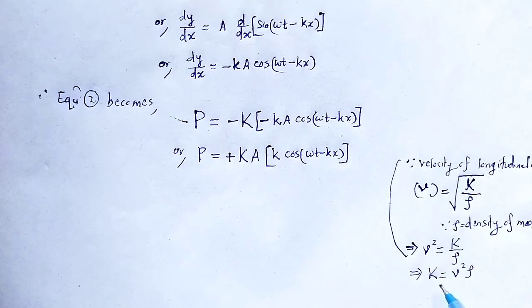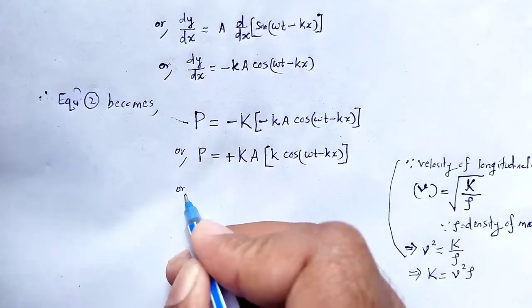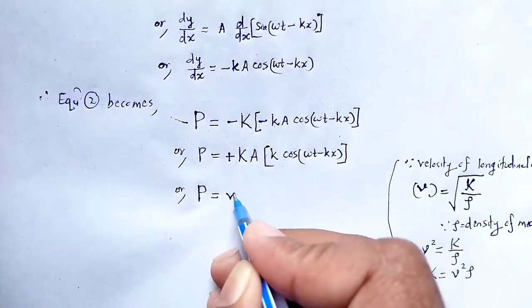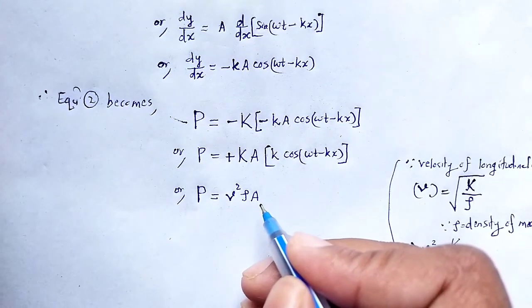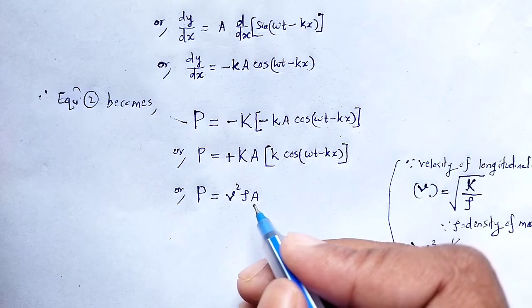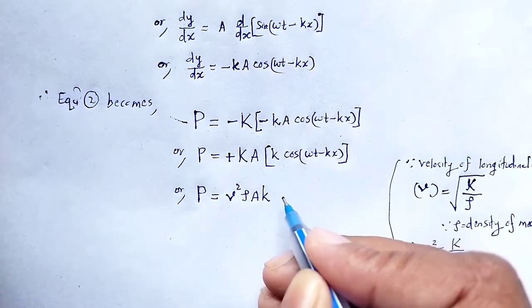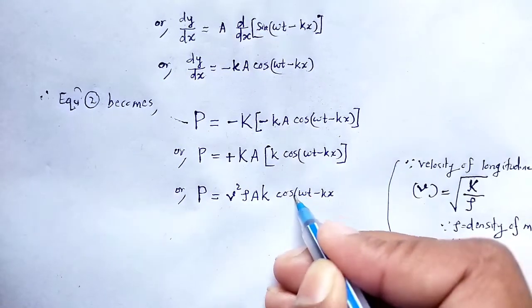In place of bulk modulus we substitute v square rho. Therefore pressure P is equal to v square rho a k cos(omega t minus kx), where k is the propagation constant.